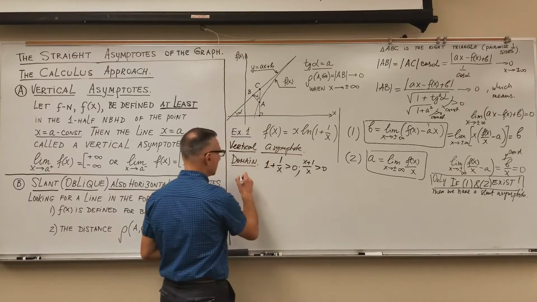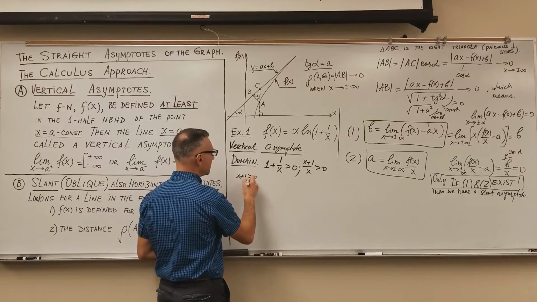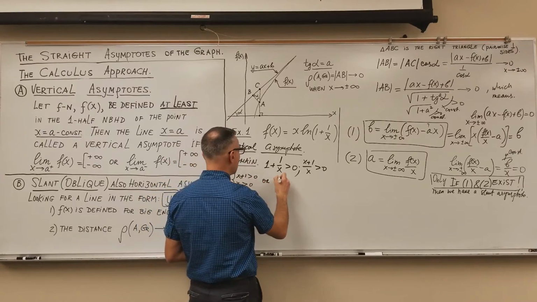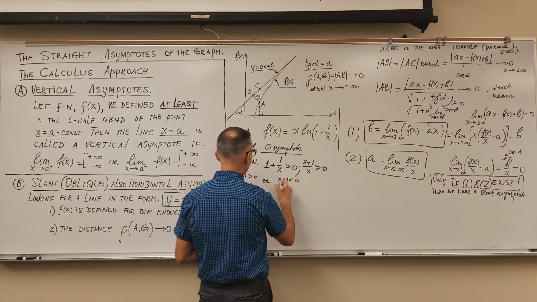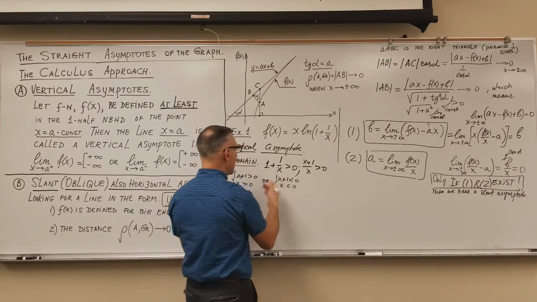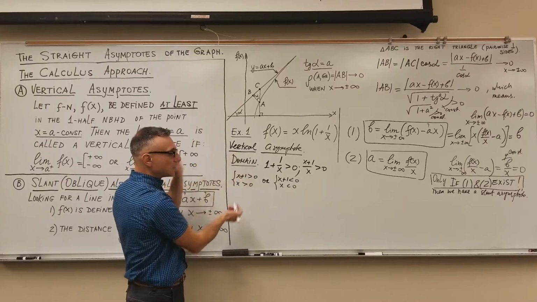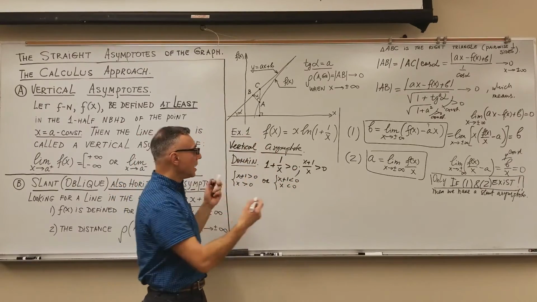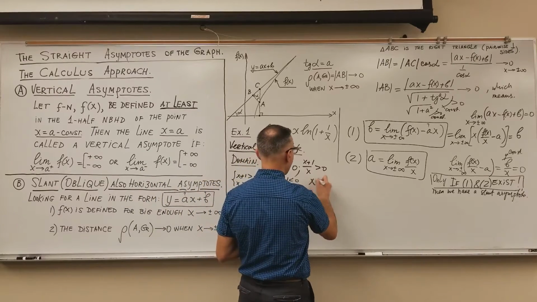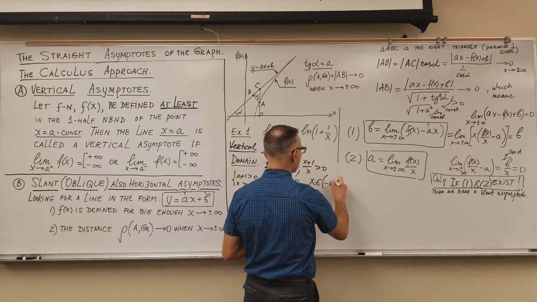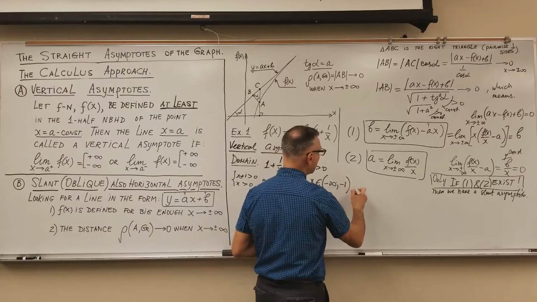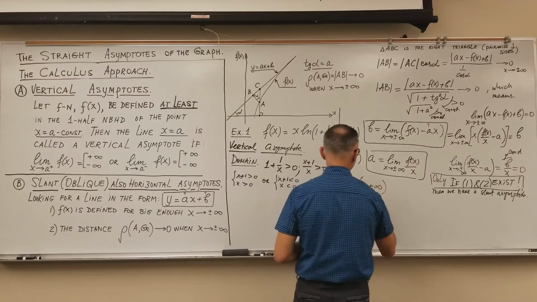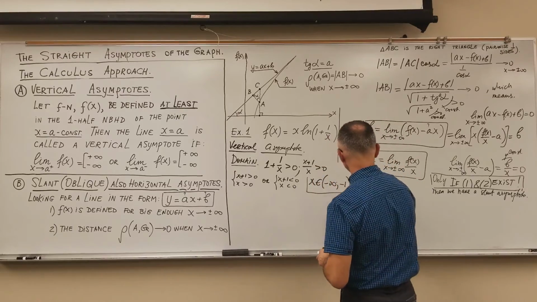So this is what we write: x plus 1 more than 0 and x more than 0, a system, or x plus 1 less than 0 and x less than 0, a system. And I need to take the union of those, and my domain will be x from minus infinity to minus 1, union 0 to plus infinity. That is my domain.